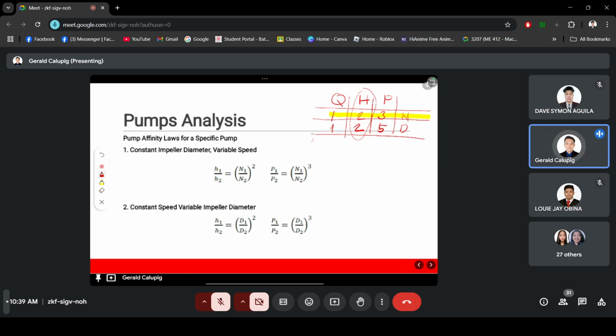D1 over D2 raised to the power of 2, or squared. For P1, for power, we can have P1 over P2 is equal to D1 over D2 raised to the power of 5. This should be 5.